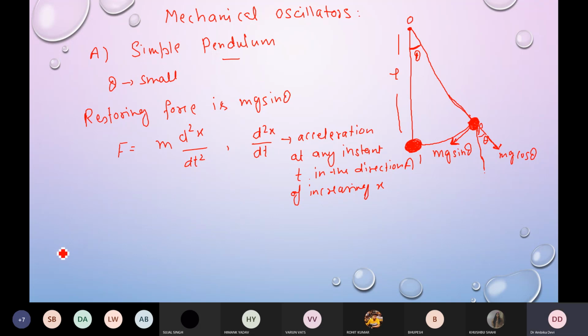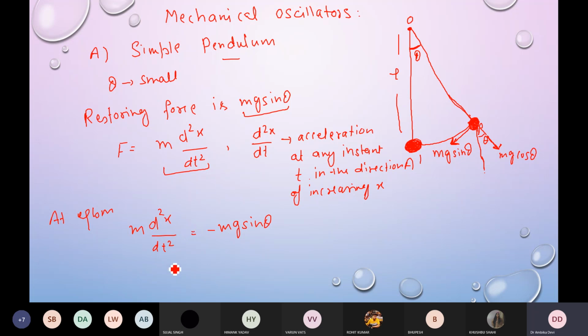So therefore, at equilibrium, this force must be equal to the restoring force, which is mg sin theta, and they act opposite to each other. So m d2x upon dt square is equal to minus mg sin theta, because this is opposing. The restoring force is opposite to the acceleration.